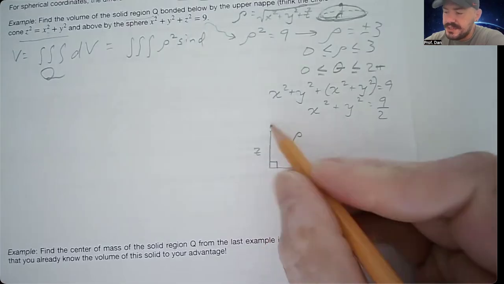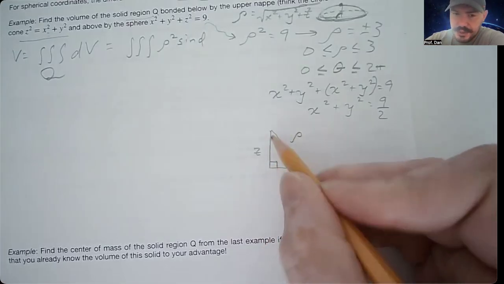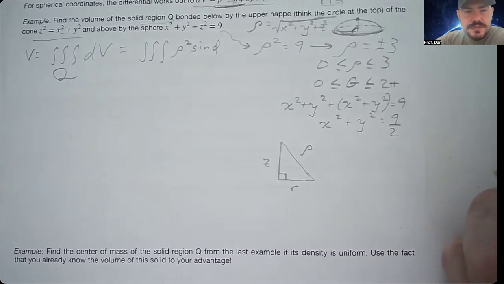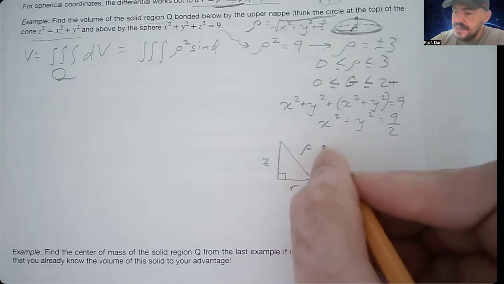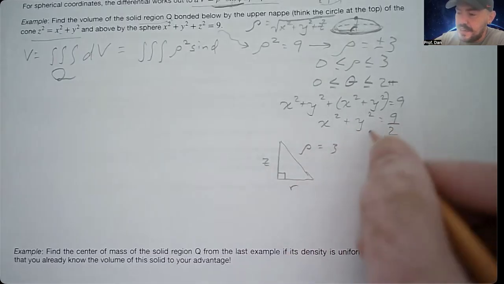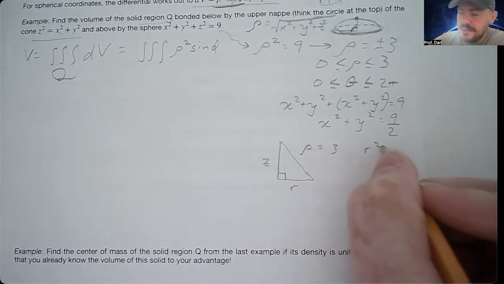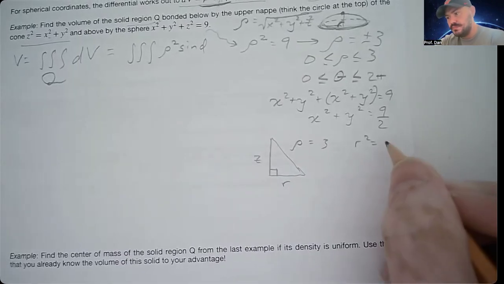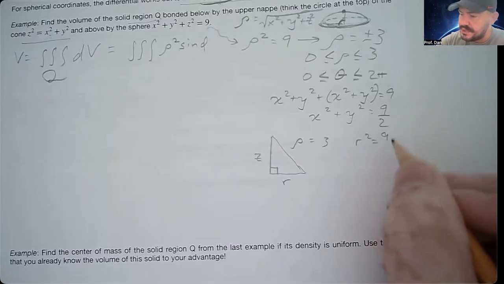Right? And this, of course, makes a right triangle because the z coordinate goes directly up. So we know that rho is equal to 3. Based on this, we know that r squared is equal to 9 halves. Yep.